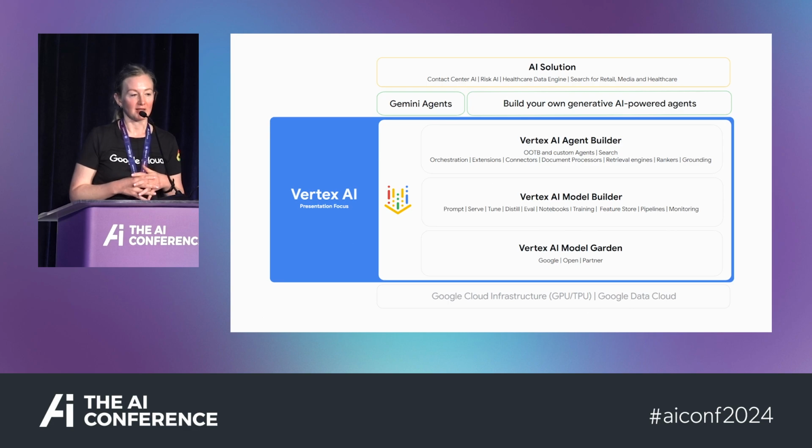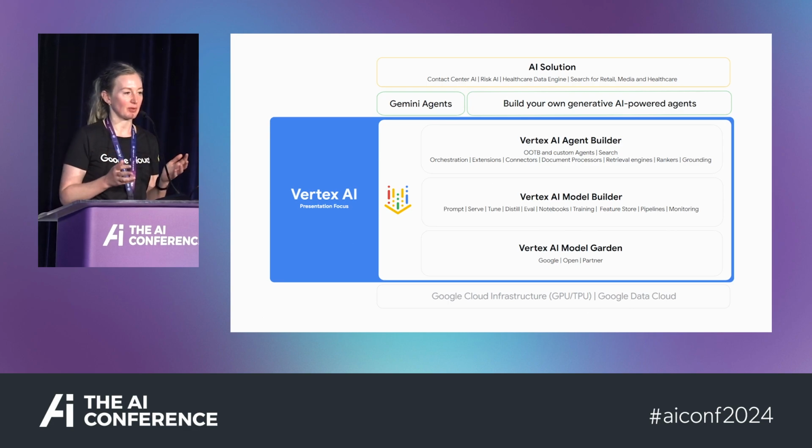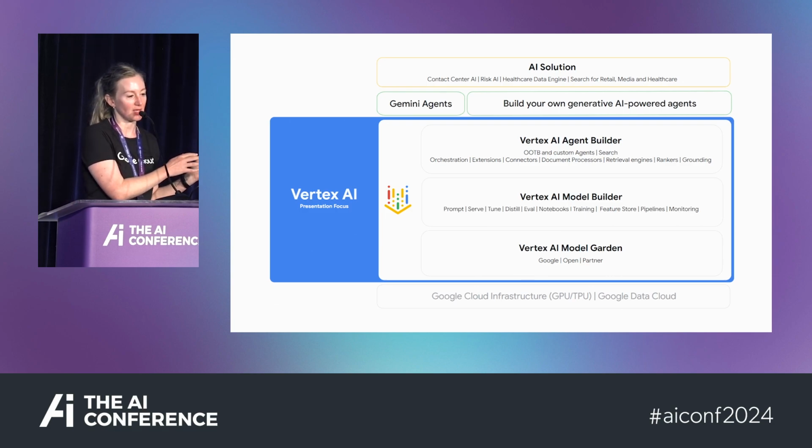This eye chart here represents the full stack of APIs and capabilities on Vertex AI. At the bottom we have a strong base of hardware, where you get all your GPUs and TPUs that are either behind the scenes running the models for our APIs or that you're accessing directly to do your own work with your own models as a data scientist or AI ML developer.